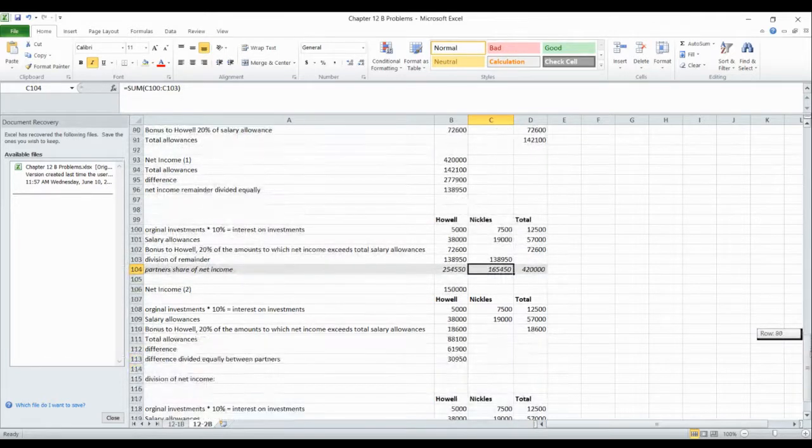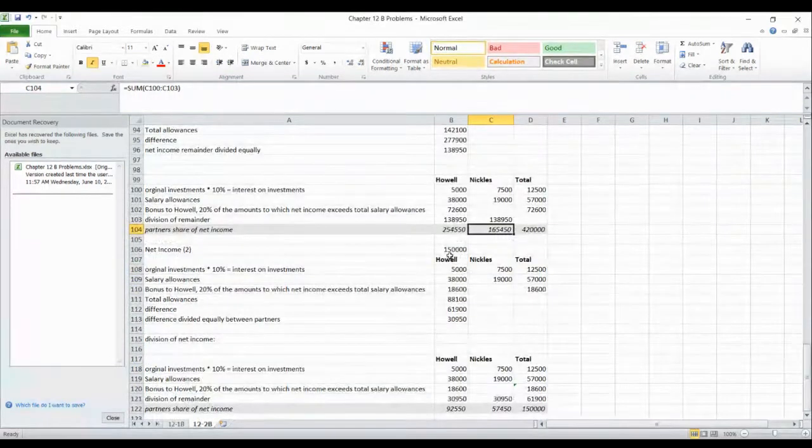In part 2, you'll remember they changed the net income to $150,000. The original investments were the same as they have been in this problem. The salary allowances are the same as they have been. But this time, the bonus to Hal is going to be $18,600.